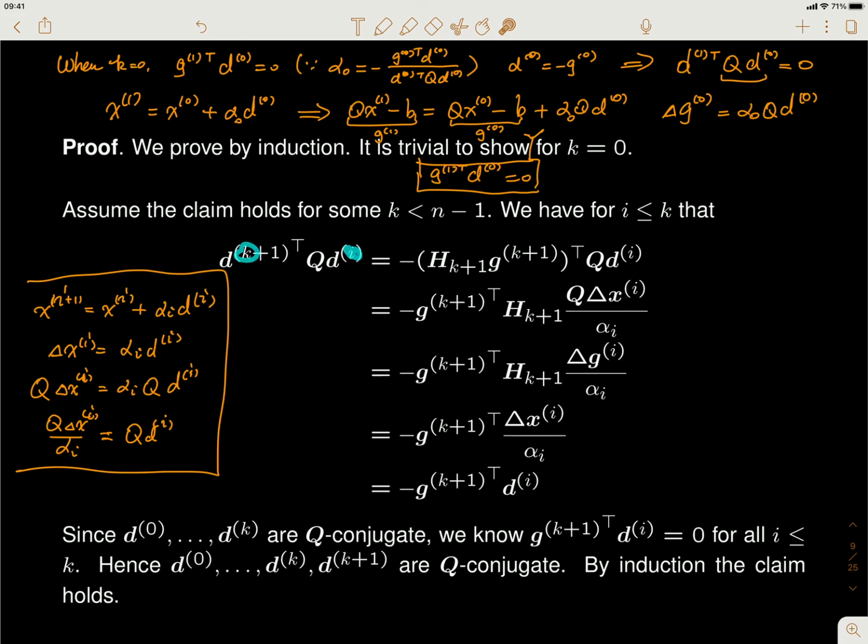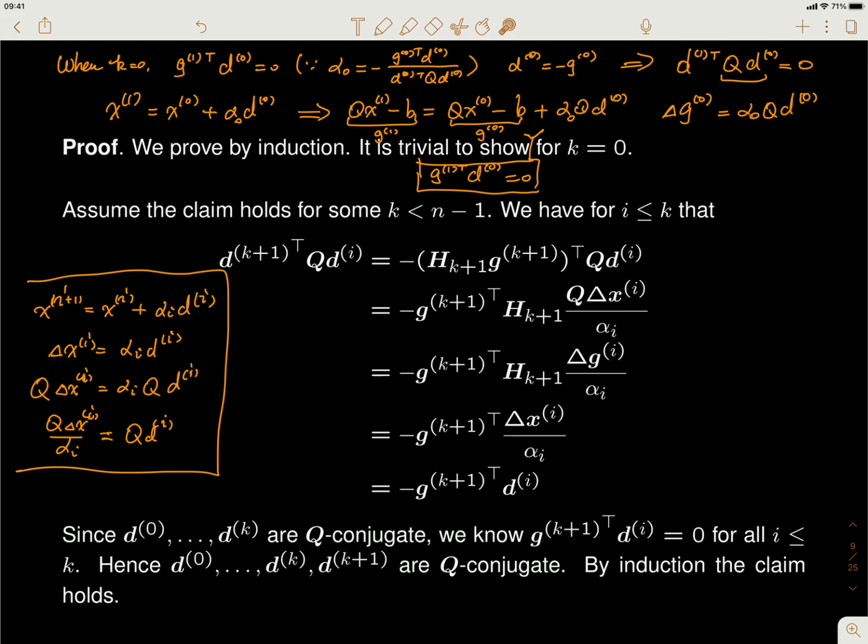Sorry, this i can only be 0 because k is equal to 0. So i less than or equal to 0, i has to be 0. So it's just d1 Q d0 is equal to negative g1 d0, which is 0, as we showed in the first step.